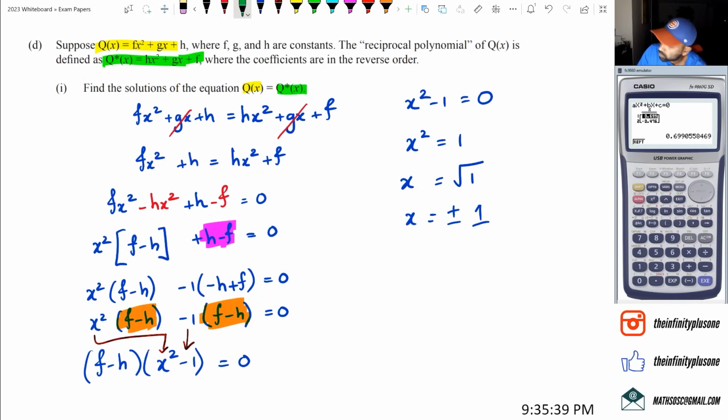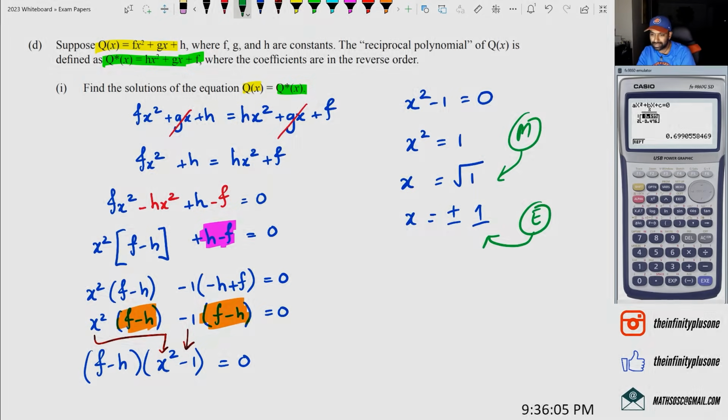So grades-wise, correct working to obtain one solution only, I don't know, maybe I would say a merit to get one solution only. So if you go from here and put this as positive 1, you're probably going to get a merit. That's what I think it is. For an excellence, it is actually saying both solutions correct.